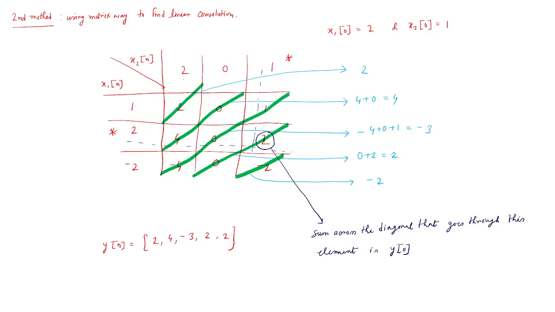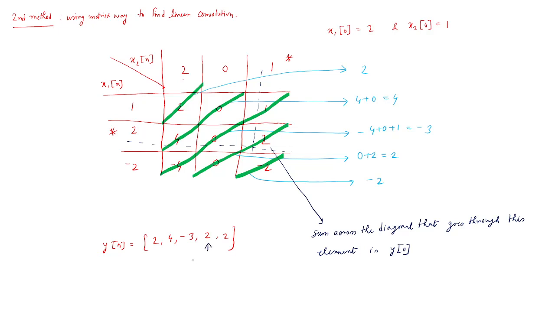So we are not concerned about individual elements, we are concerned about these diagonals, and the sum of the elements across the diagonal that passes through this position is equal to y0. So let me erase the circle around 2 I made, because that might lead to some misconception. Okay, this is fine. So this corresponds to the fourth diagonal, which is here.